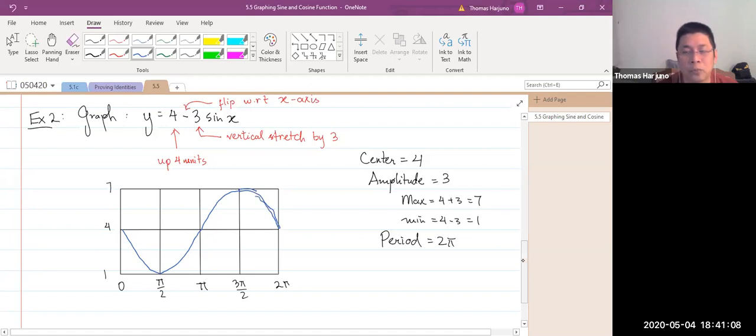Approximately like that. Of course, the actual graph keeps on repeating this pattern, but I will just write it in one period, and that one period looks like this.